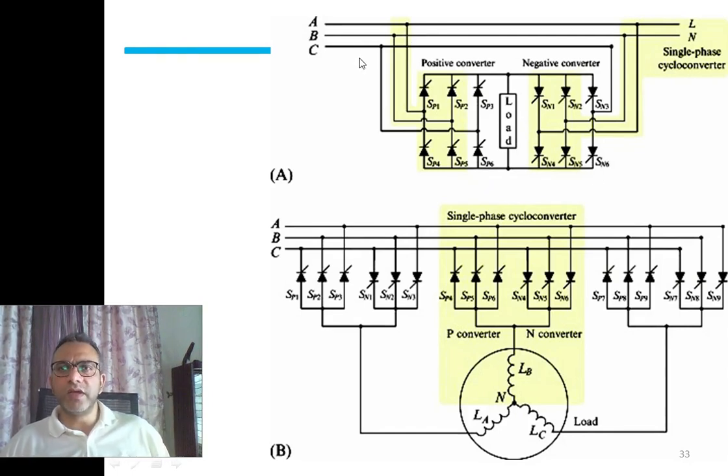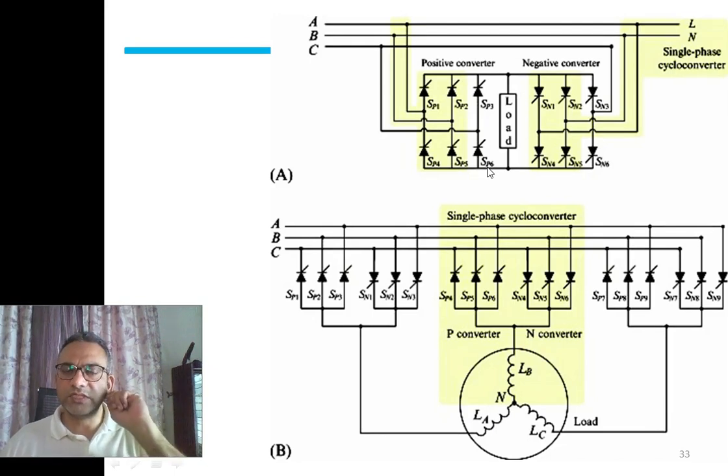So we have three phases A, B, C, and we have a single phase converter over here. So single phase can continue providing power to the positive converter and power to the negative converter. Then switches SP1, SP2, SP3, SP4, SP5, SP6.